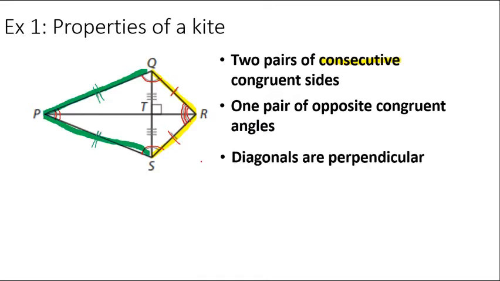Also says diagonals are perpendicular. So it's these lines in the middle, they form a 90-degree angle on all corners. So right there, all of these are 90-degree.